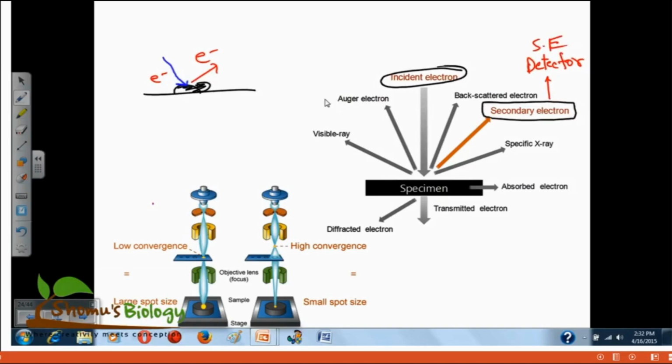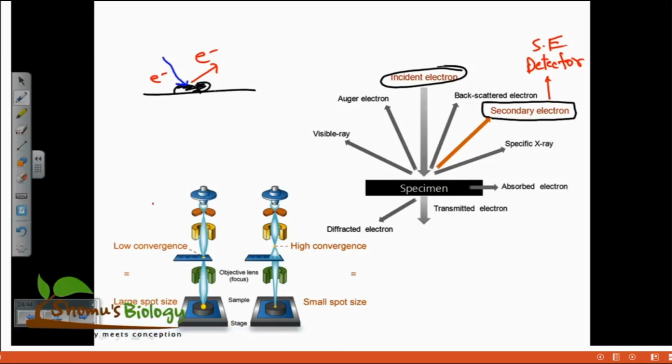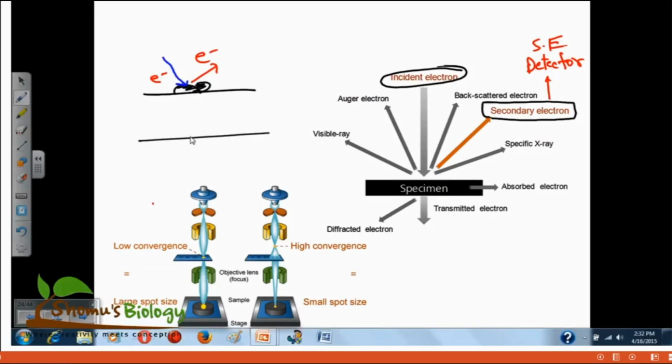Now, there is another type which is called backscattered electron. Backscattered electron is also important because in this case, the electron coming in is reflected. For example, here again is the sample, and this is an upcoming electron. Whatever is coming in, that same electron is coming out.